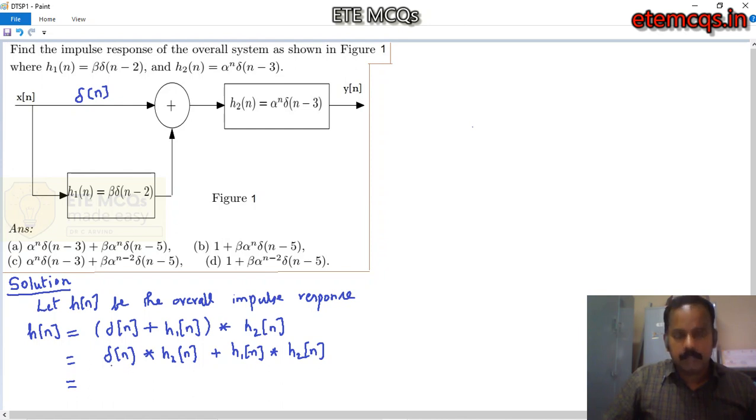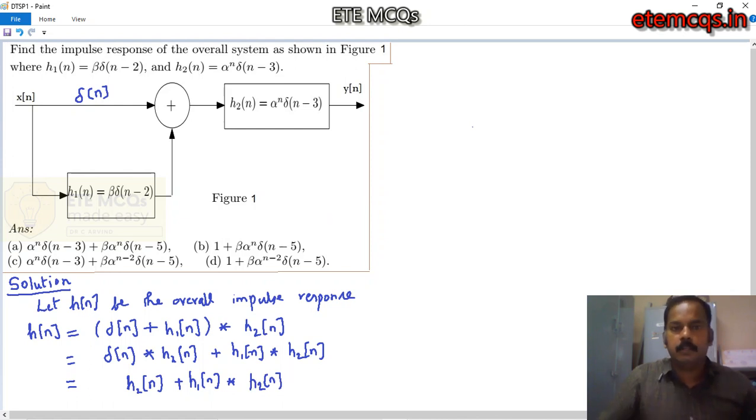So the result of this convolution will be h2 of n, plus h1 of n convolved with h2 of n. So this is all we have.